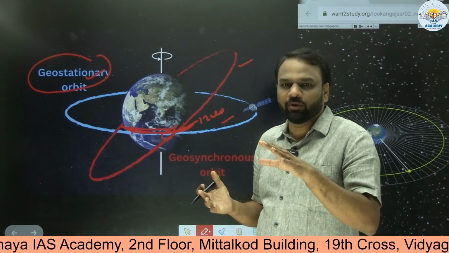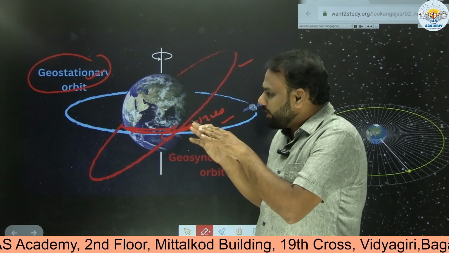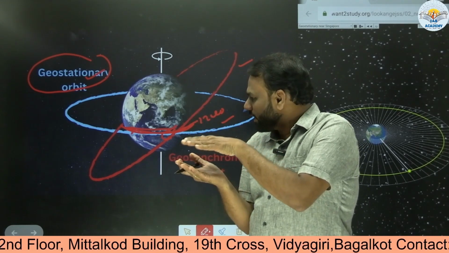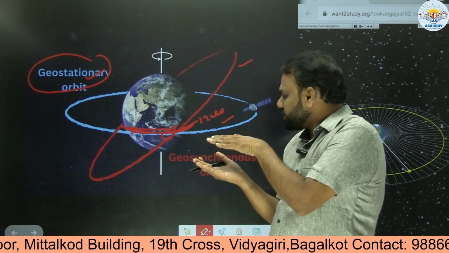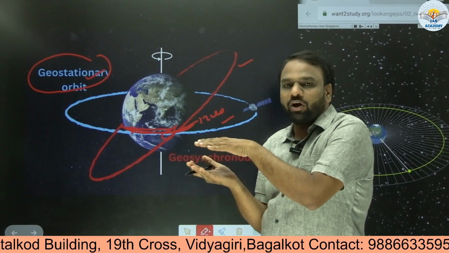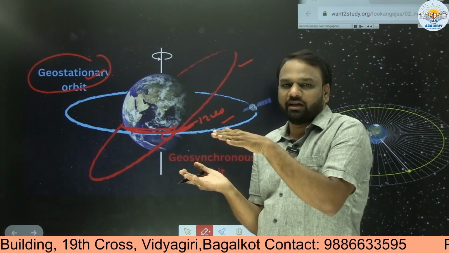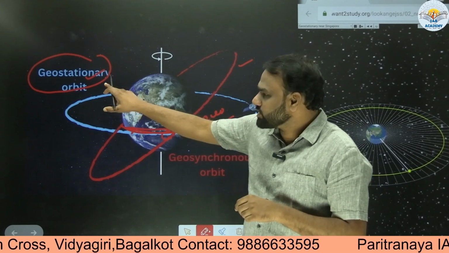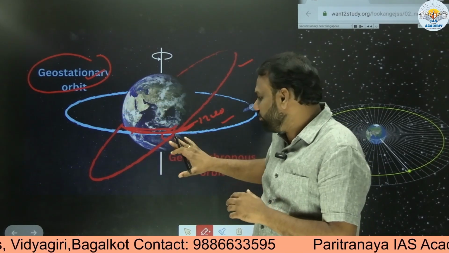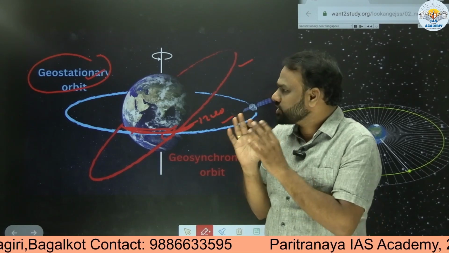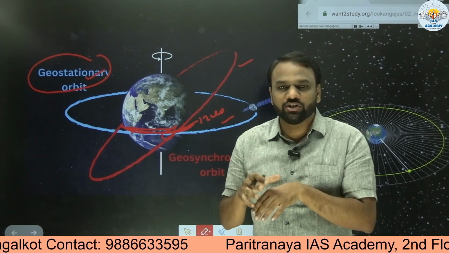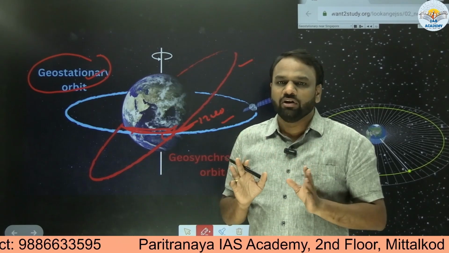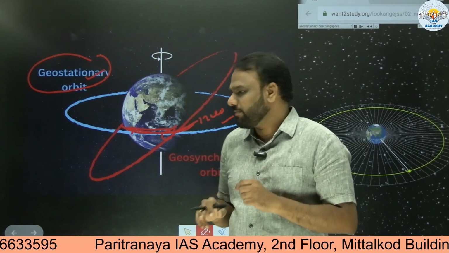In a geostationary orbit, the angle formed with the equator is 0, whereas in a geosynchronous orbit the angle may not be 0; it may even be 0 as well. From this we understand that the geostationary orbit is a special case of the geosynchronous orbit. When the angle made with the equator is 0, we call it a geostationary orbit. This is a very important difference to note.